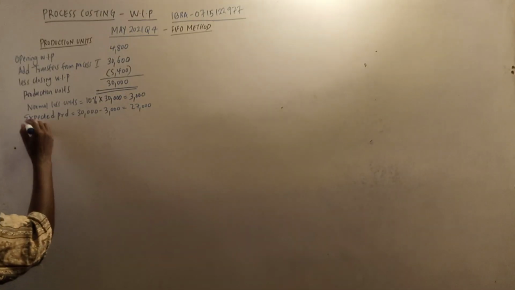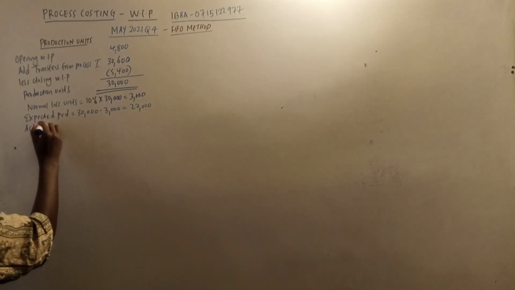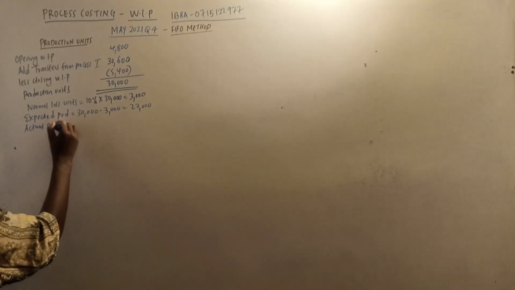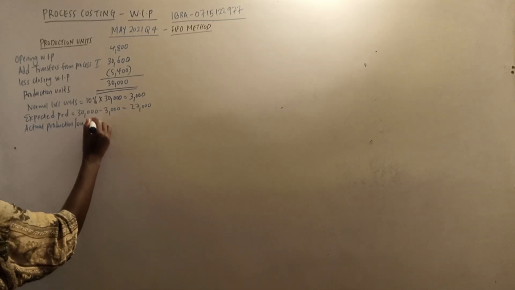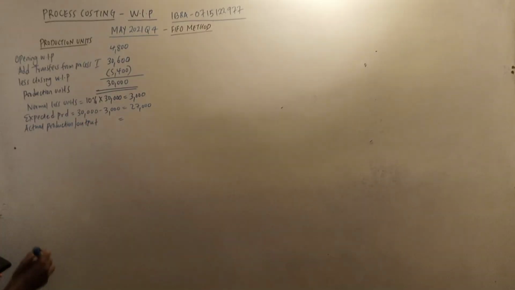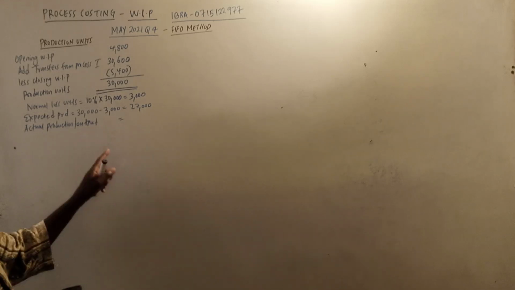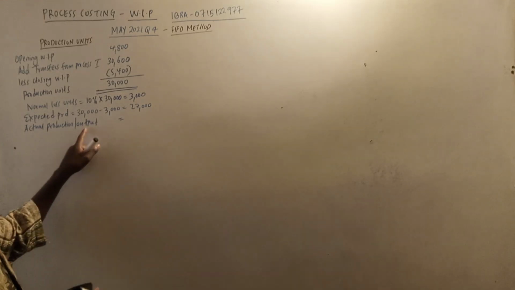Next we compute abnormal gain or loss. So we compare expected production with actual production, our output. Which process are we preparing? We are preparing process 2, so we check the output for process 2.